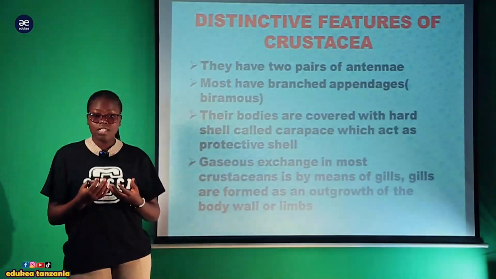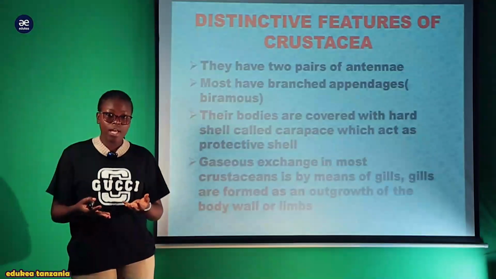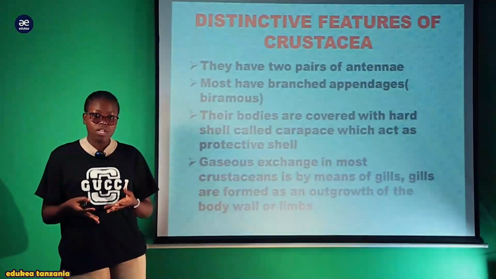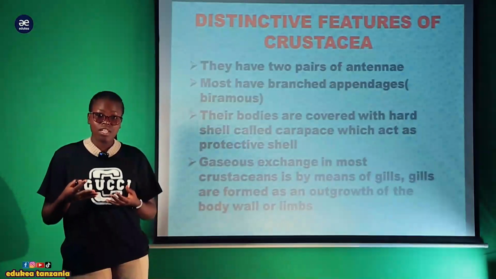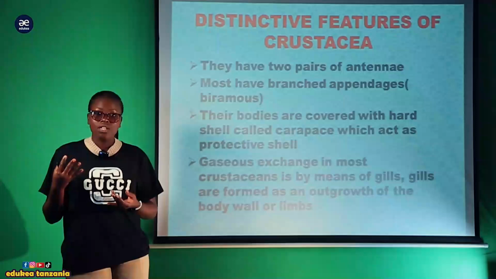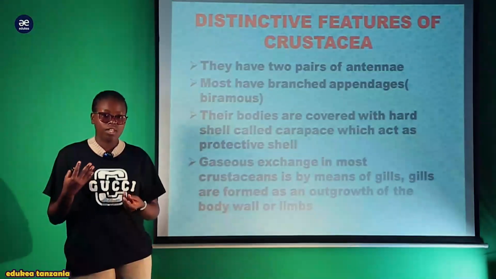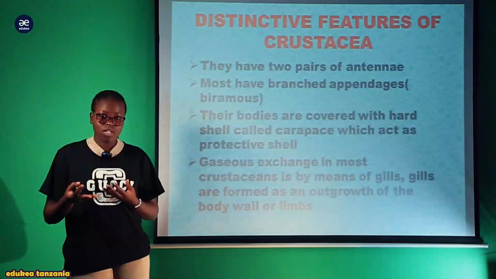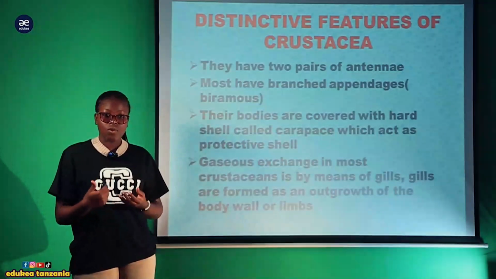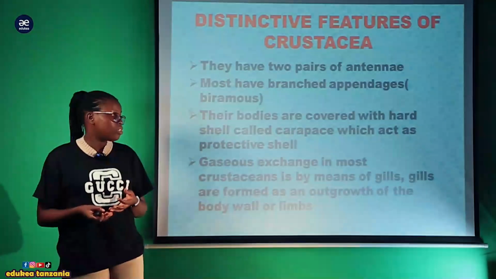We have already seen that members of the phylum Arthropoda have an exoskeleton, which is an outer protective cover, very rigid to provide protection. They tend to shed it periodically to allow growth and development. The same applies to Crustacea, where the body is covered with a hard shell called the carapace, which is used for protection.